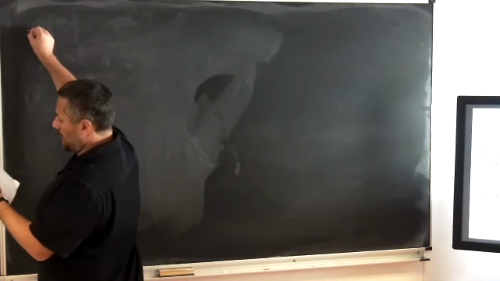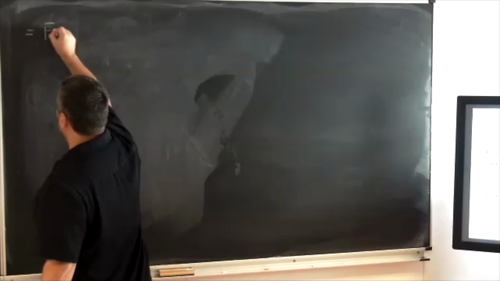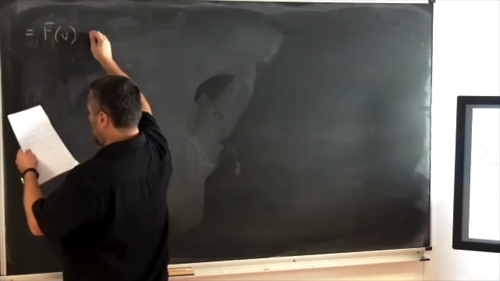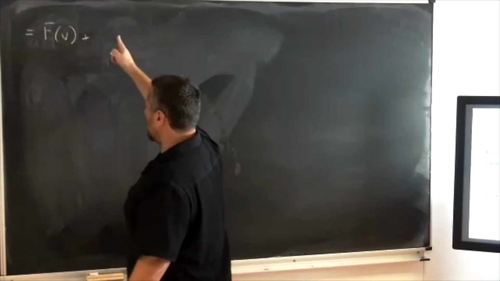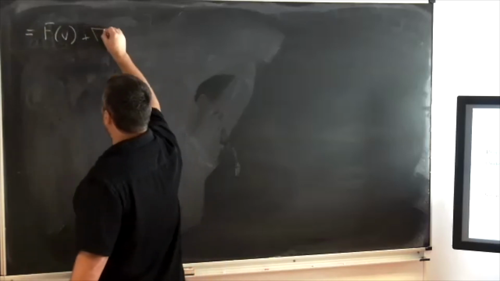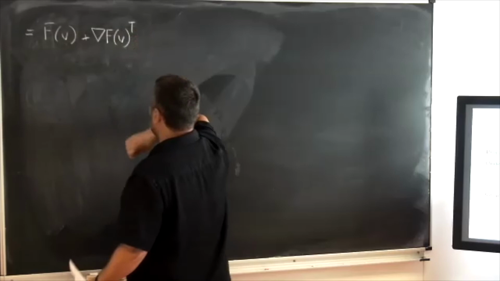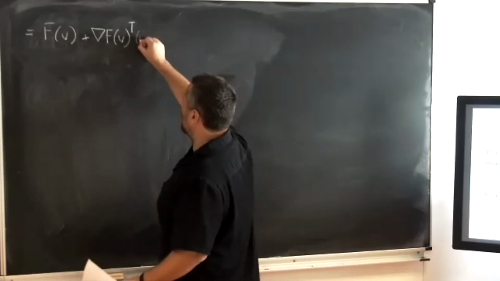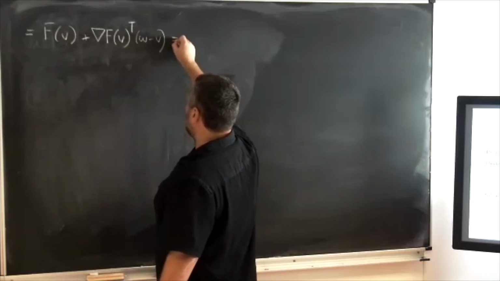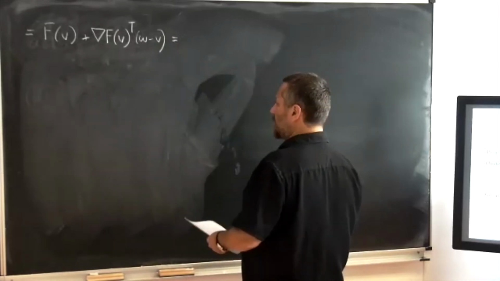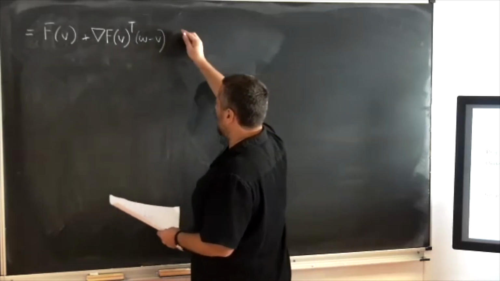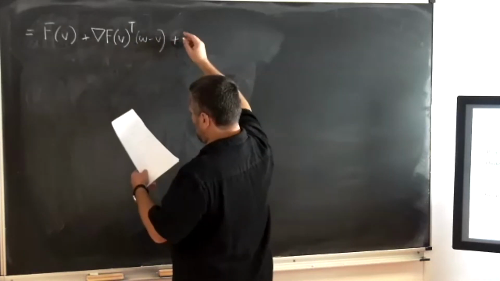And then this equals f of v plus, I'm going to add and subtract this value, the gradient at v transpose times omega minus v. And I put it inside the integral. Since it's from 0 to 1, you can just put it inside.